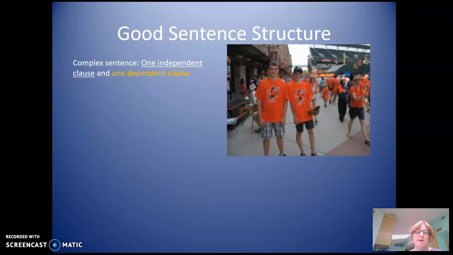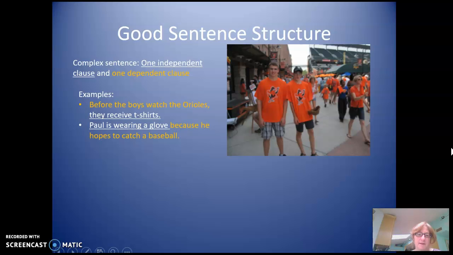We also have complex sentences. A complex sentence is one independent clause and one dependent clause. For example, before the boys watched the Orioles, comma, they received t-shirts. The highlighted part, before the boys watched the Orioles, is the dependent clause, and the independent clause underlined is they received t-shirts.